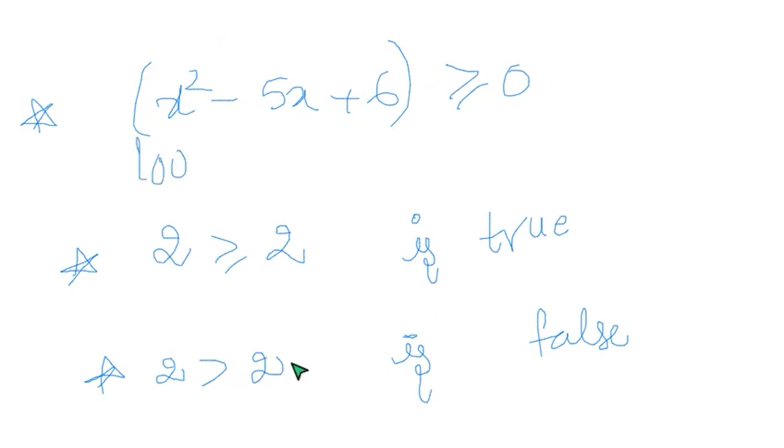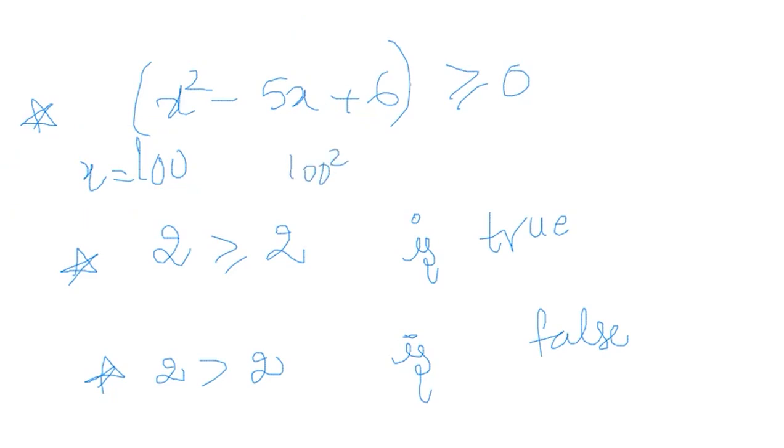See, what if there was x is equal to 100? Will this be automatically positive? This would not work, x is equal to 100. See, 100 square minus 500 plus 6. Positive or negative? This is positive.